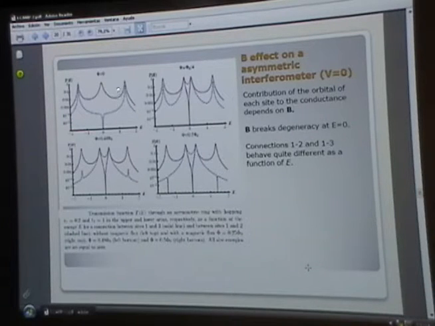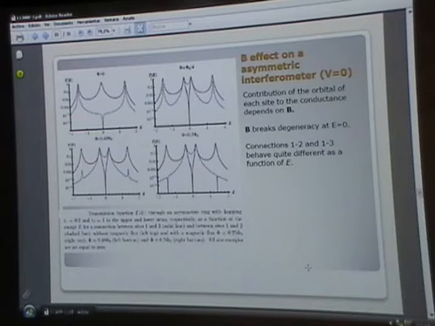The continuous line, the solid line, corresponds to the symmetric configuration, where sites 1 and 3 are connected to the leads, and the dotted line corresponds to the other configuration where 1 and 2 are connected to the leads. So you see that the two configurations have very different transmission.